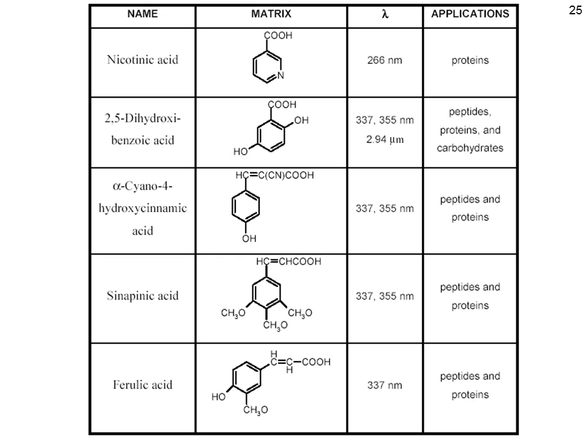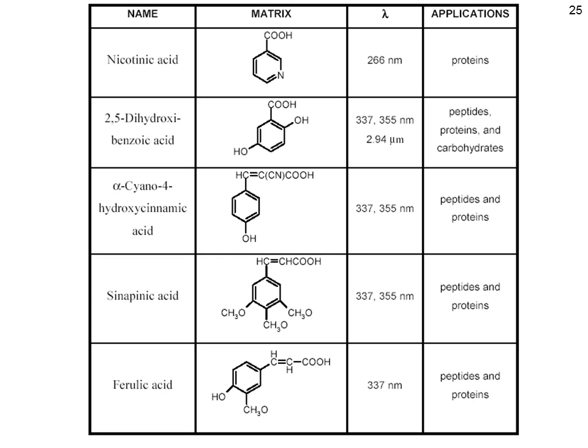For these lasers, 2,5-dihydroxybenzoic acid and alpha-cyano-4-hydroxycinnamic acid are widely used matrices. Especially the so-called alpha-cyano is used for peptides and proteins, while 2,5-DHB is more widely used for carbohydrates. Sinapinic acid is also used for peptides and proteins.